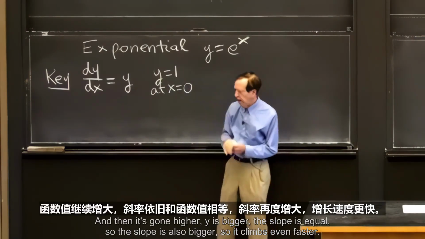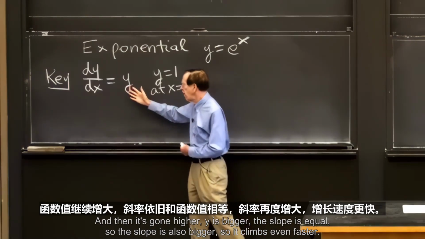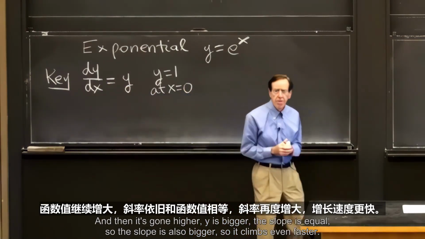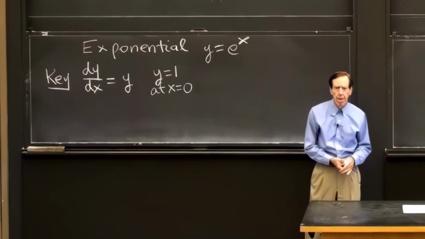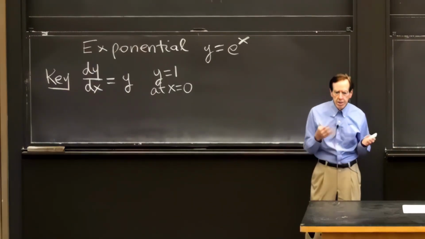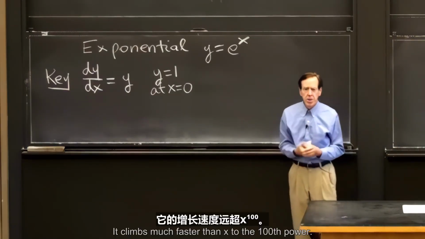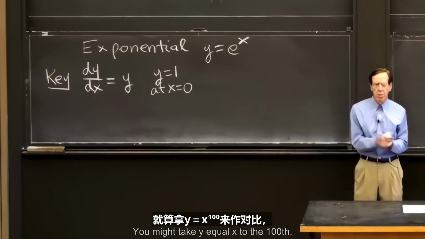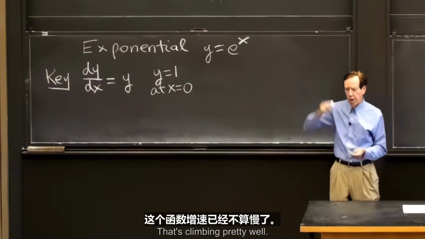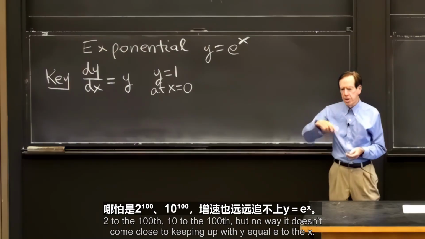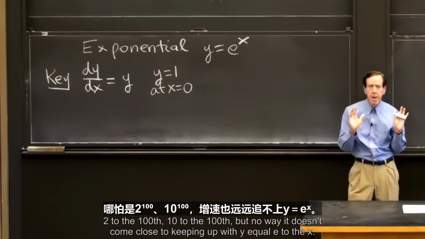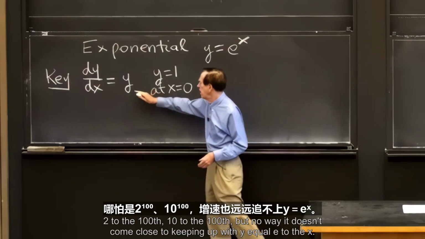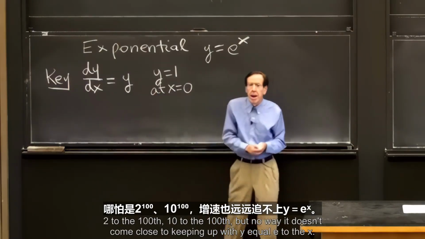And then it's gone higher, y is bigger, the slope is equal, so the slope is also bigger, so it climbs even faster. It just takes off. It climbs much faster than x to the 100th power. You might take y equal x to the 100th. That's climbing pretty well. 2 to the 100th, 10 to the 100th, but no way, it doesn't come close to keeping up with y equal e to the x.